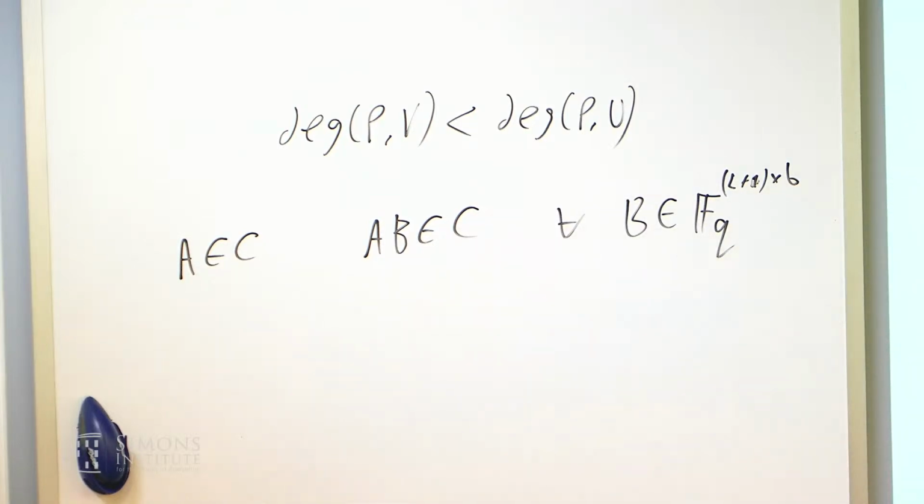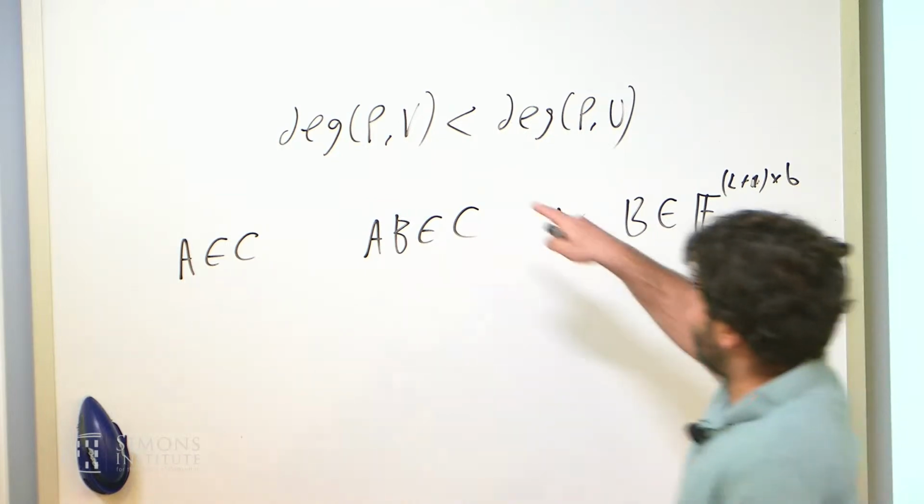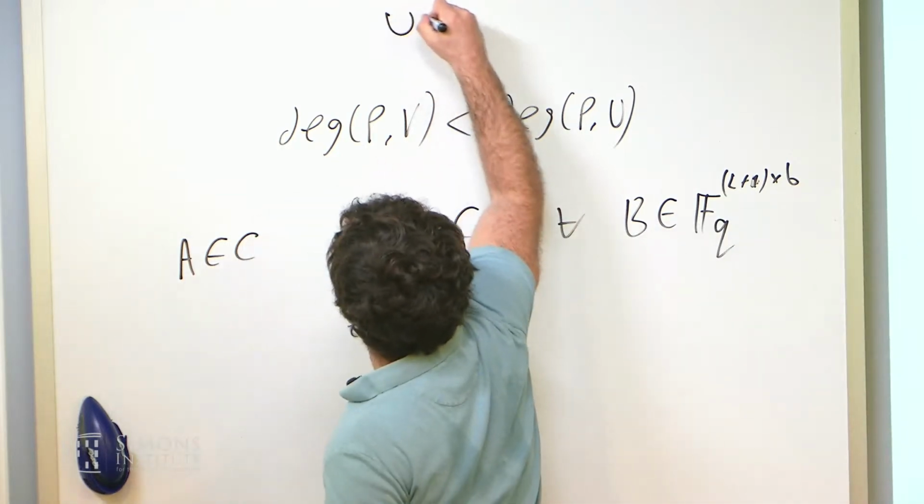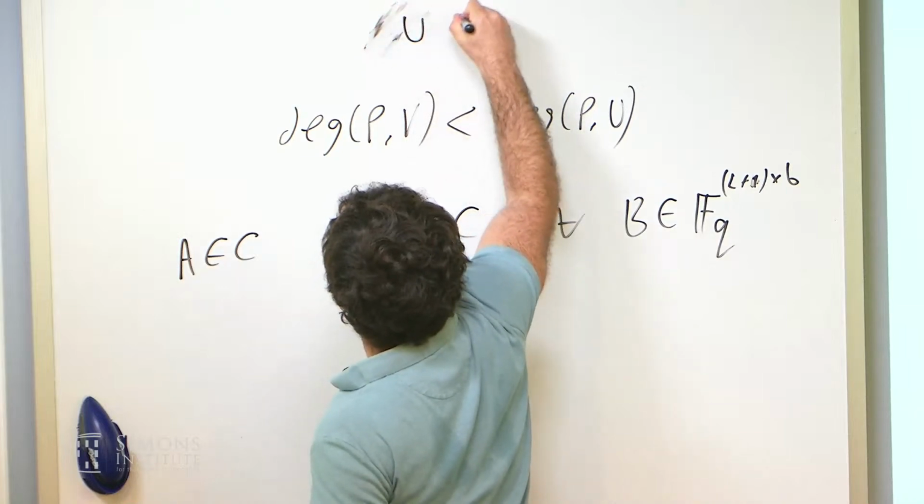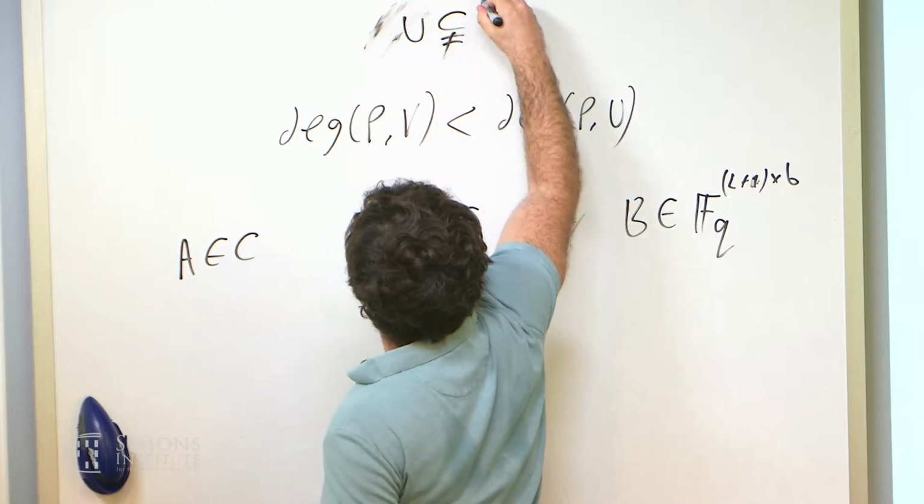So we're also going to use that here. The way we're going to use that is as follows. So suppose that this is the case, and U, I remind you, is a proper subspace of V.